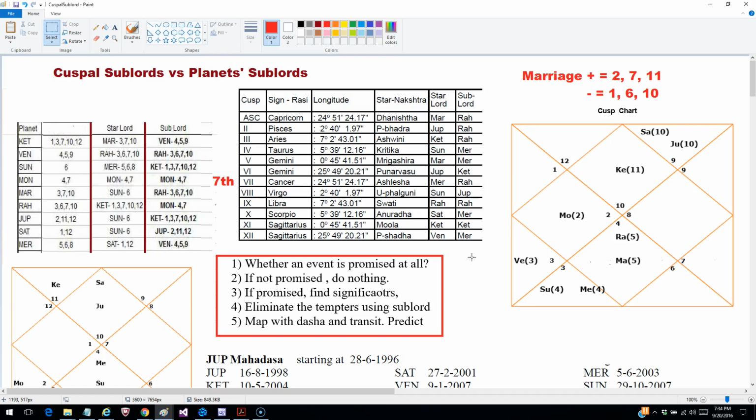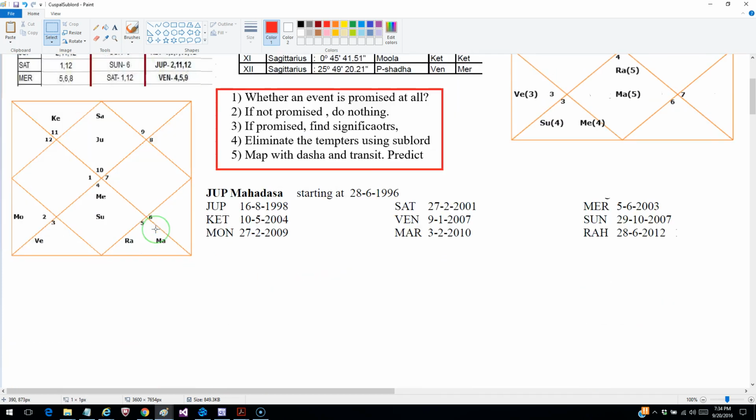That way, you get a very accurate chart. At least from that point of view, you have peace of mind. And at that time, you can use these Cuspal sublords and blend them with the planet sublord, and then you can arrive at really accurate predictions, where you can pinpoint even the dates.